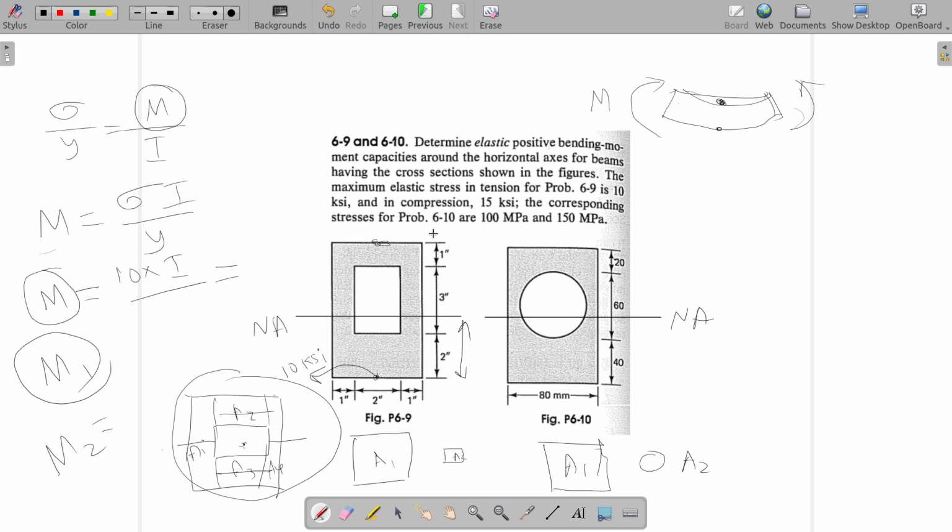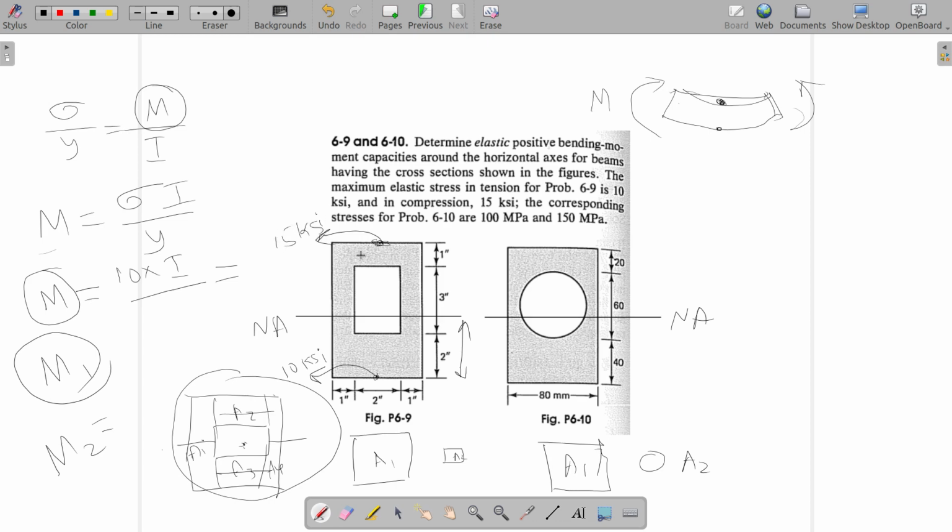How? For the same problem it's given that the maximum elastic stress in compression is 15 ksi. So the compressive stress happens at the upper part of the neutral axis and the maximum value of compression happens here. So here you have the value 15 ksi.